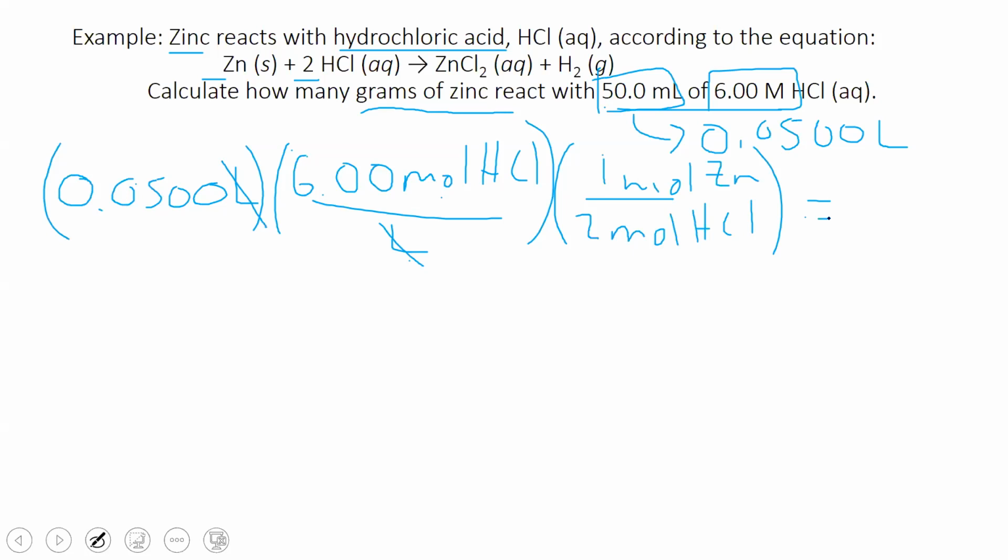From that, it's a pretty simple calculation. You just plug it in, and you come up with 0.300 moles of zinc. That's the first step. Once you know how much zinc you have, it's the same type of thing we've done in the past.